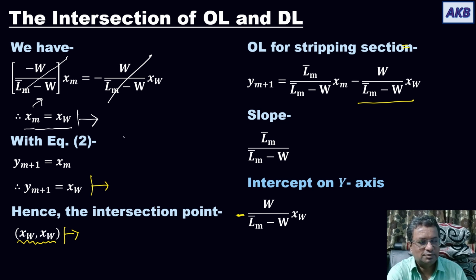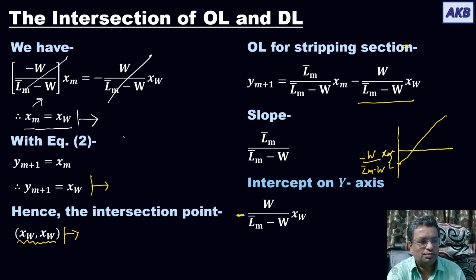So the intercept is minus, that means the intercept will be on the negative y-axis. So the line could be like this. So this intercept is minus w upon L bar m minus w into xw.